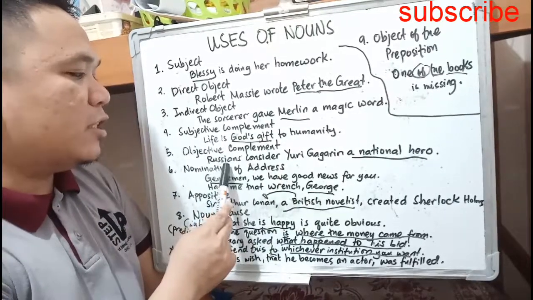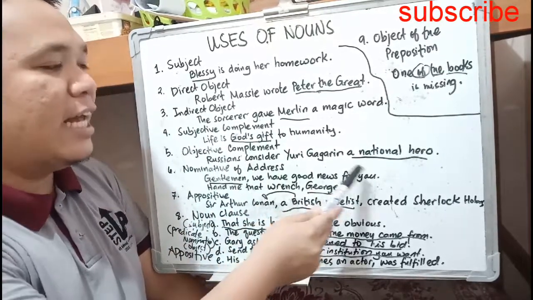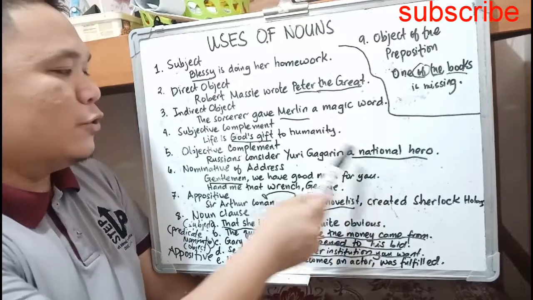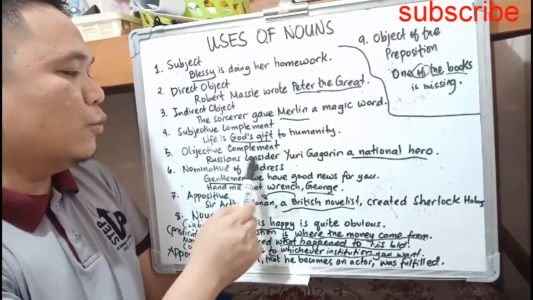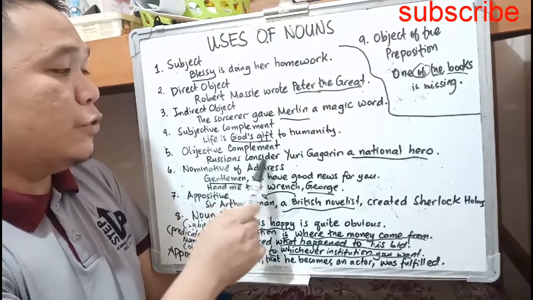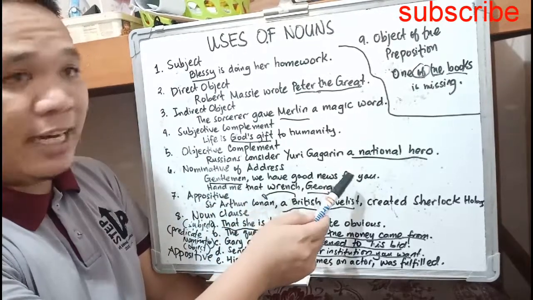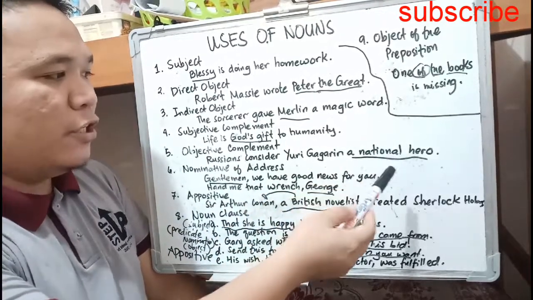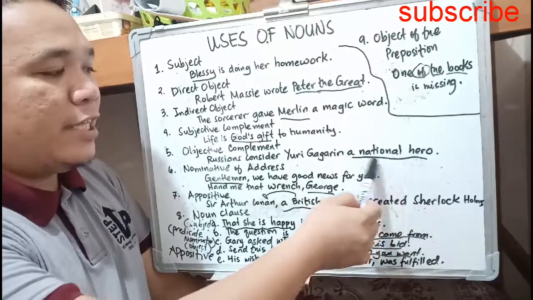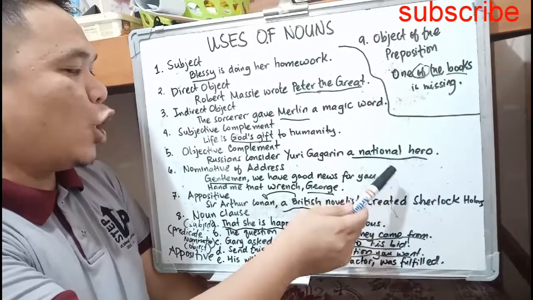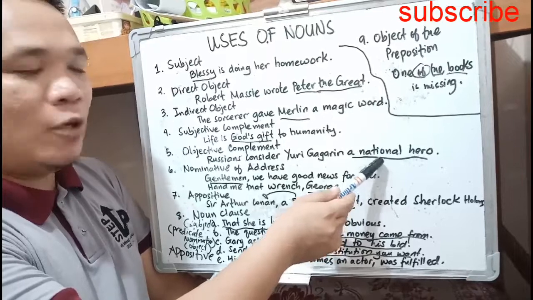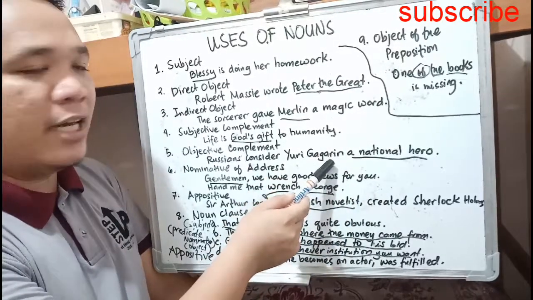For example: Russians consider Yuri Gagarin a national hero. So what do the Russians consider Yuri Gagarin? A national hero. So here, the last phrase will serve as an objective complement, complementing Yuri Gagarin.